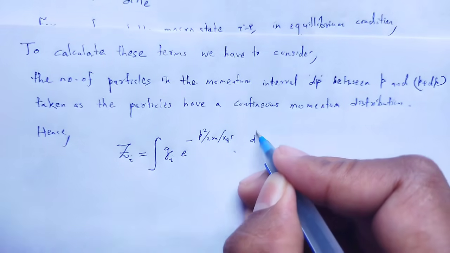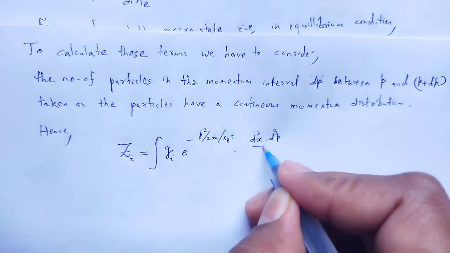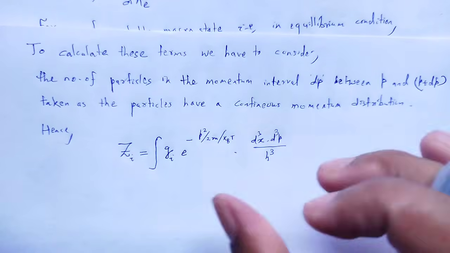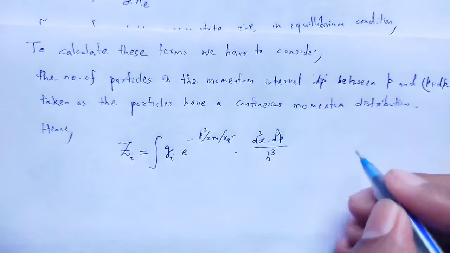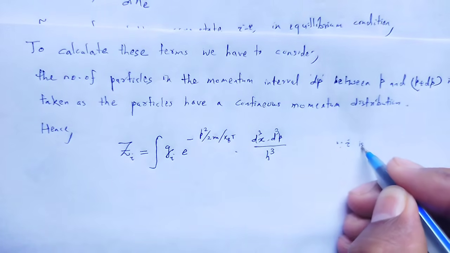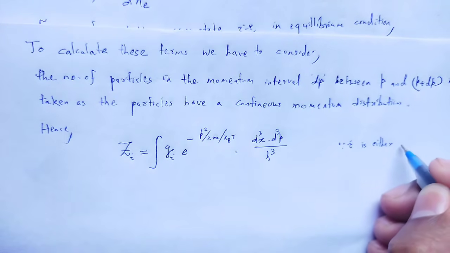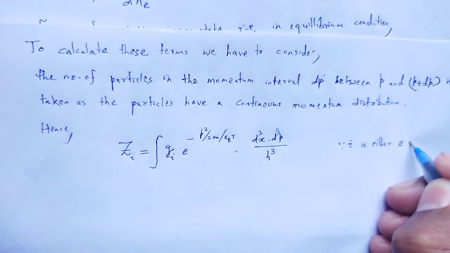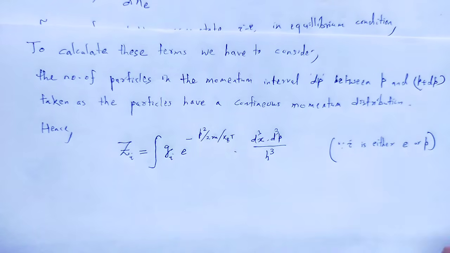For position dqx, for momentum dqp divided by h cube, that is the partition function for continuous momentum distribution. gi, the degeneracy of the ith state. Here I is either E or P, either electron or proton.